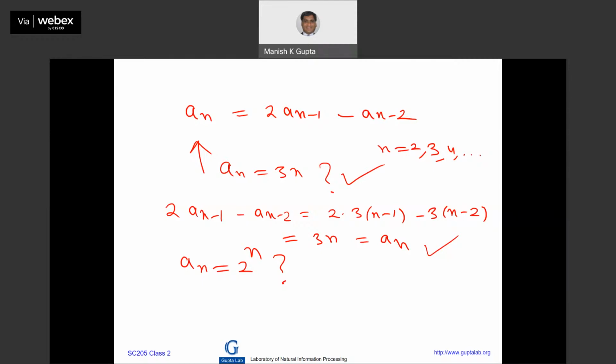So what is your answer? No. 2 times a_{n-1} minus a_{n-2} will be 2 raised to power n minus 2 raised to power n minus 1, which is not equal to 2 raised to power n, right? So this is not a solution.